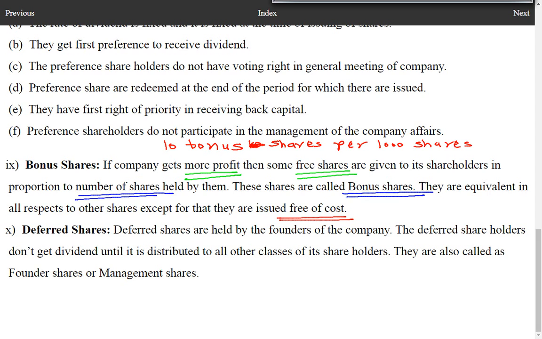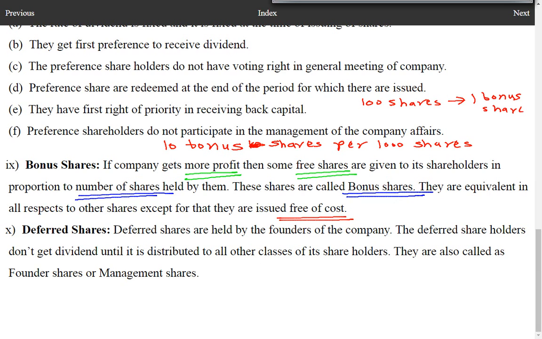So if shareholder has say 100 shares, then he will get one bonus share.